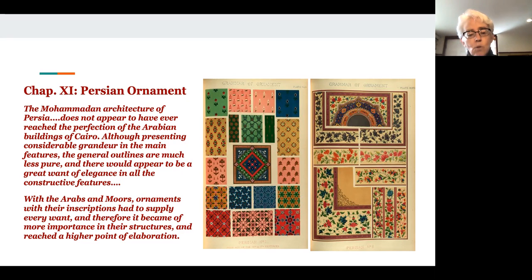And his reference here, of course, is the prescription of images of human beings in Islamic-based art, so that geometry, script, and color were the elements used as ornamentation in Islamic art. And Owen Jones clearly appreciates that.